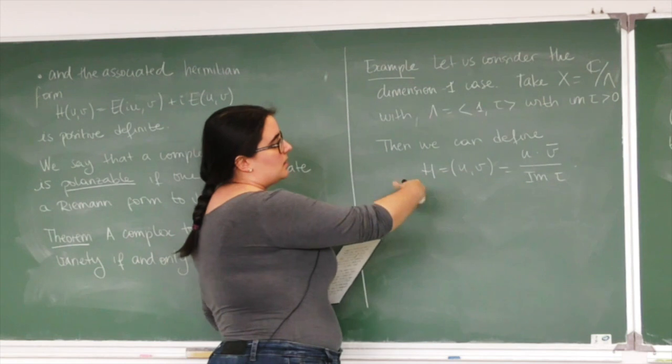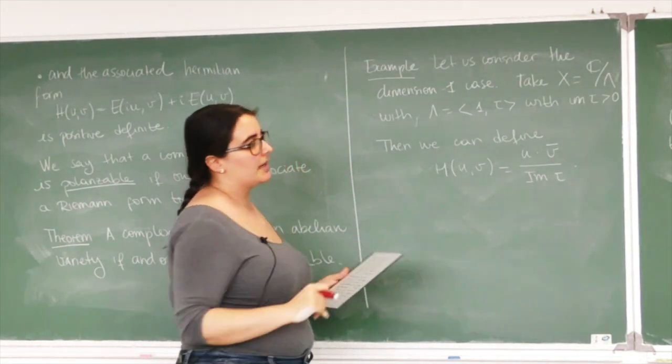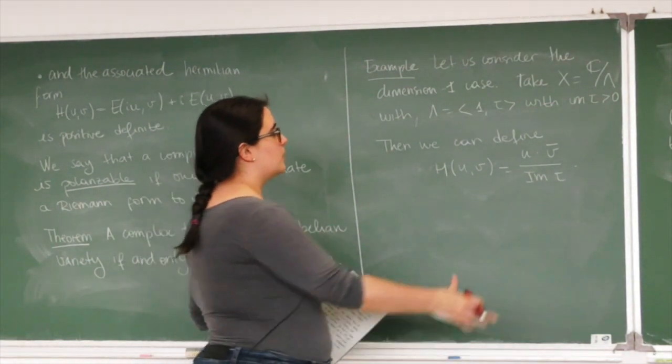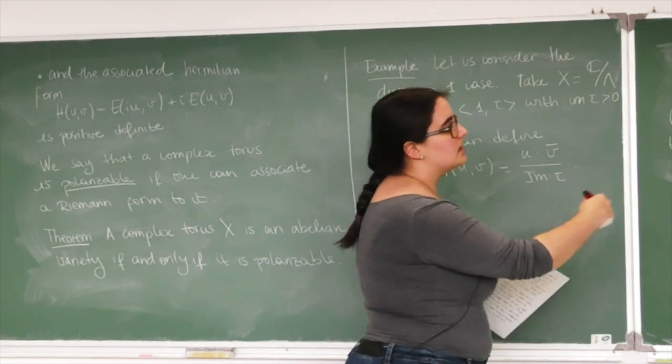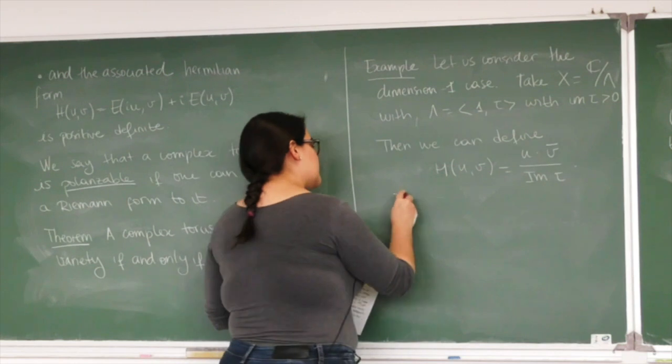One can check that this Hermitian form, here we are defining H instead of E, but from this you can compute what E is and then check the relations. It's easy to check.